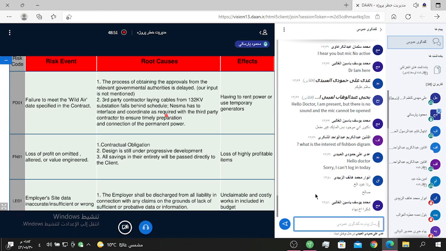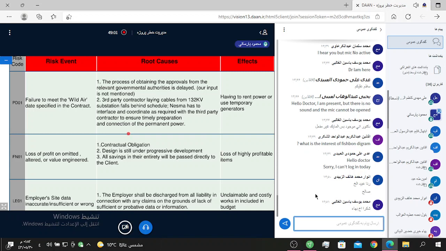These are abbreviations in this example, abbreviations about the categories of risks. And we can make an internal standard in our project, no problem. For example, R1, R2, R3, like the last example, if you remember.